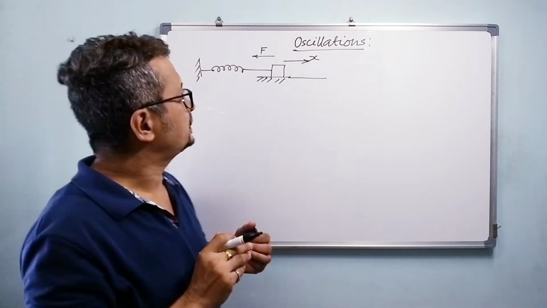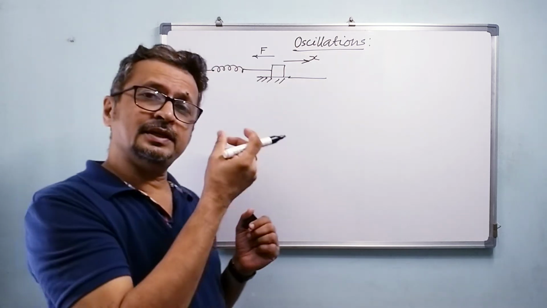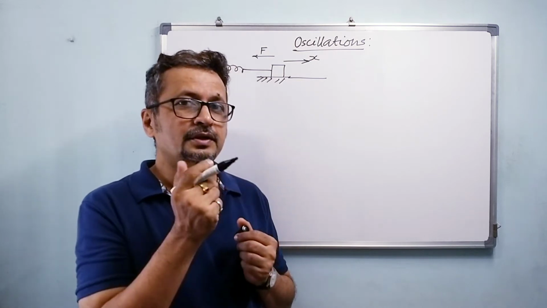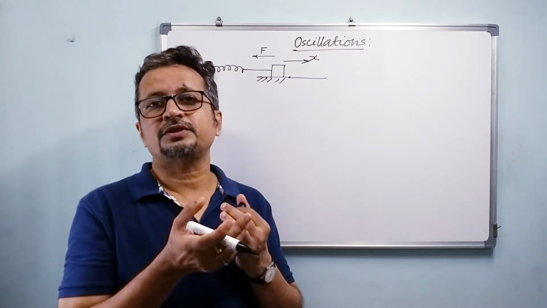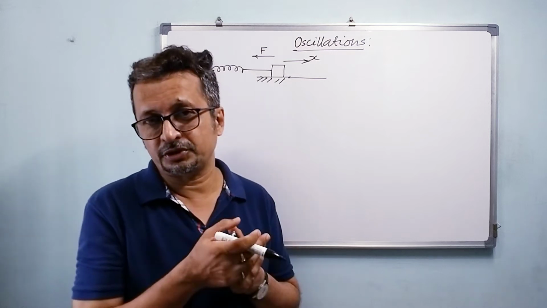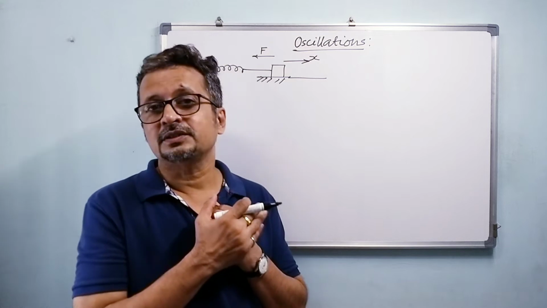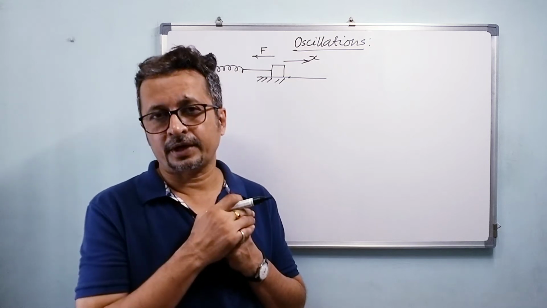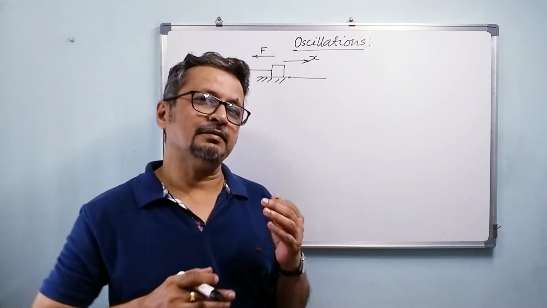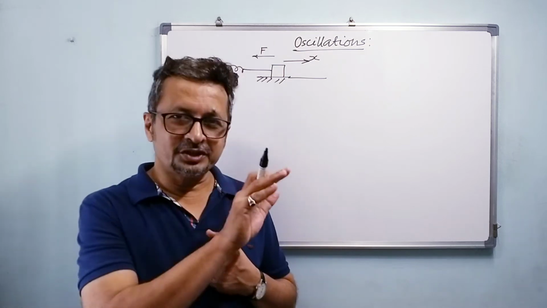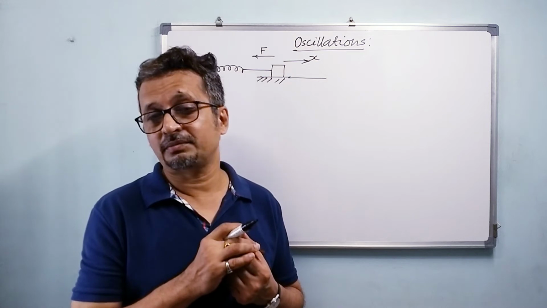When I gave it some initial displacement and left it, the restoring force pulled it back towards the mean position, and it continued to move further, thus compressing the spring. Then the compressed spring again pushed the mass back to the equilibrium position.